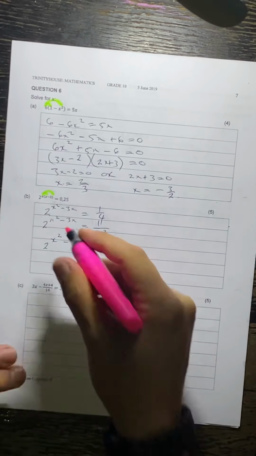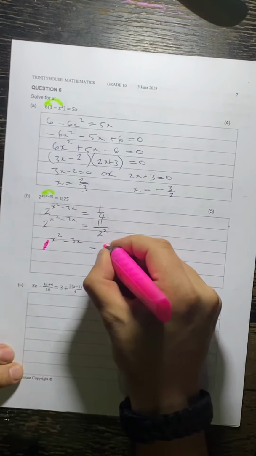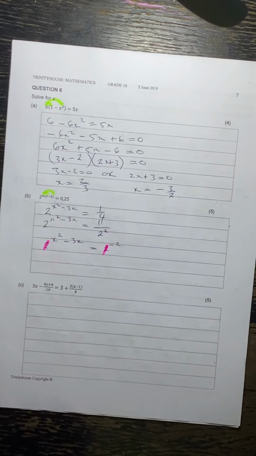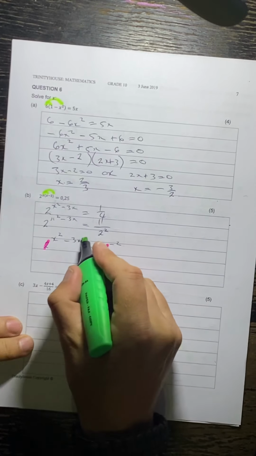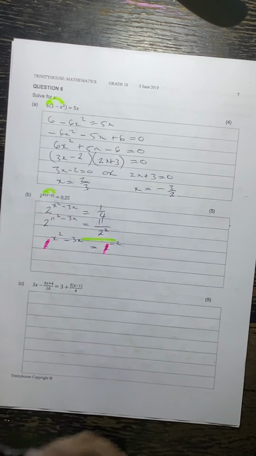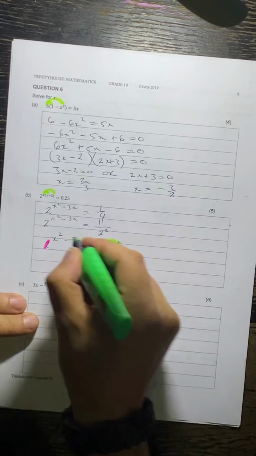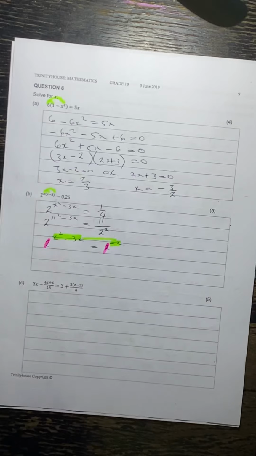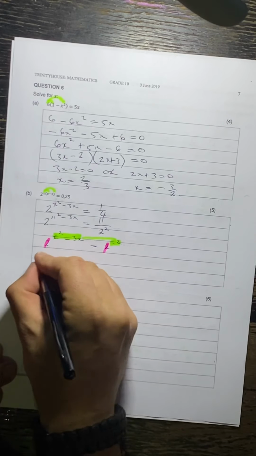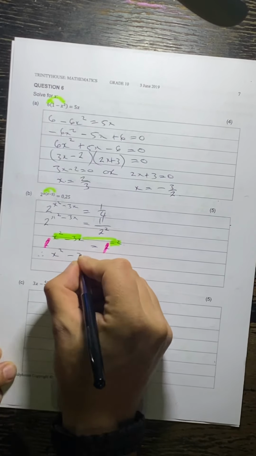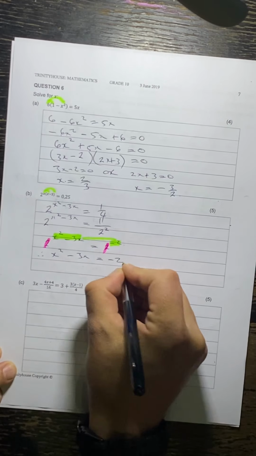Now that my bases are the same, we've got 2 and 2, that means I'm going to equate the exponents. So this and this must be equal. Therefore, x squared minus 3x equals minus 2.